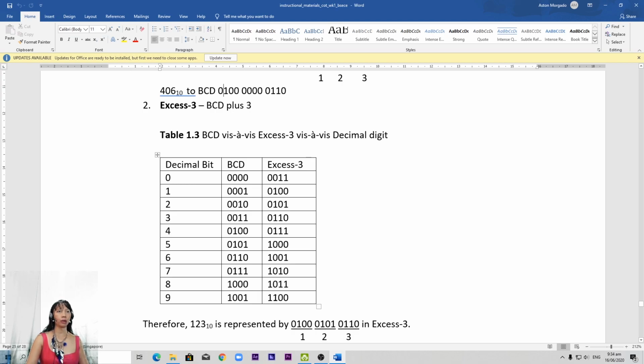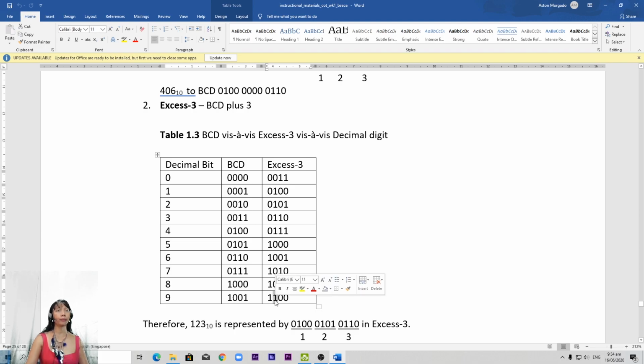If we're going to add this, the weight of the first bit is 1, the weight of the second bit is 2, the weight of the third bit is 4, the weight of the fourth bit is 8. We're going to add the weight when the bit is equal to 1.